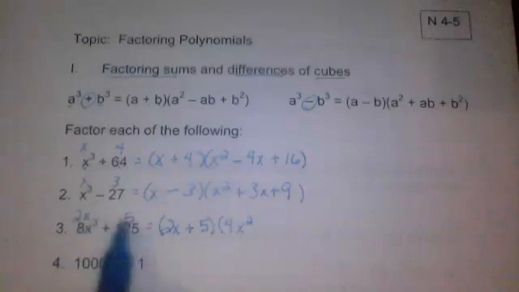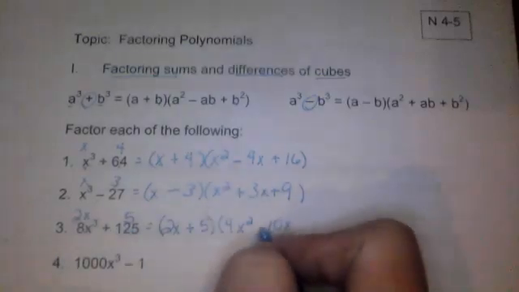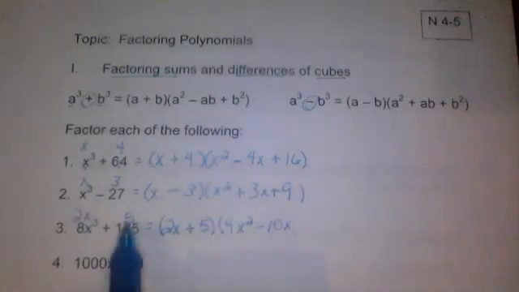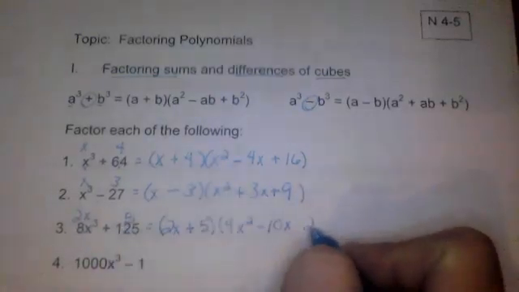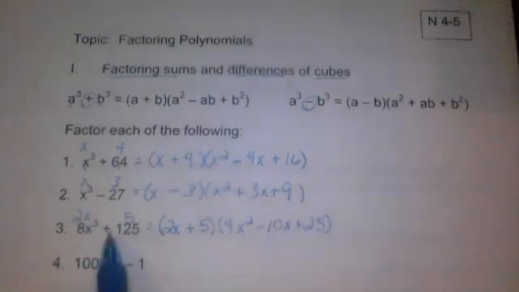Multiply these together, so 2x times 5 is 10x, and it's going to have a minus in there, and then square the last one, 25, and it's a plus. The sum of cubes is plus, minus, plus.